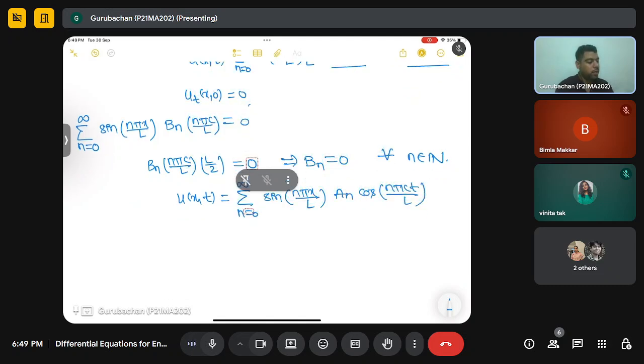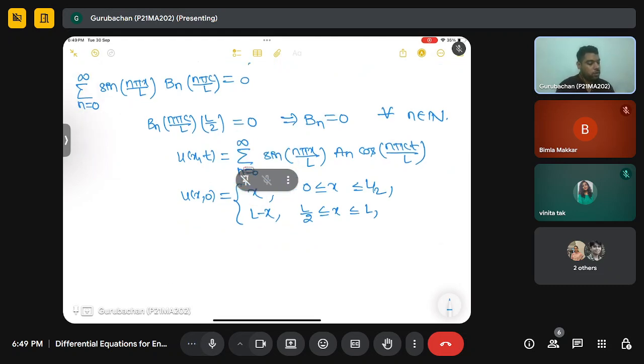From here, we are given u(x,0) is x when x lies between 0 and L by 2, and L minus x when x lies between L by 2 and L. When we put t to be 0 in this series, sin(n pi x by L) gives this function.